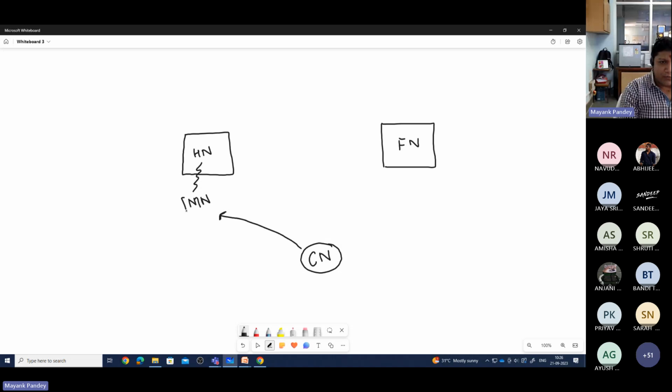Obviously, the mobile node has an IP address and everything related to its home network. Now, the mobile node can change its point of connection and move from its home network to the foreign network, meaning these two networks have different network prefixes.